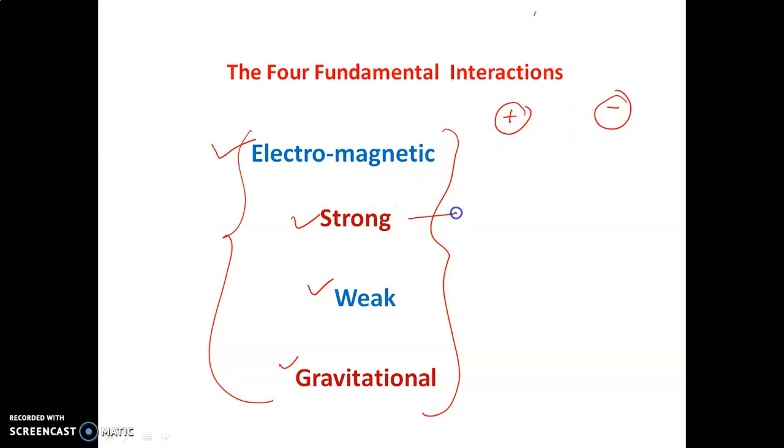Now what is strong? Strong is the nuclear force of interaction between two nucleons, a proton and a neutron, or a proton and a proton, or a neutron and a neutron. So this is the strongest force in nature, which you know as the nuclear force. But then another type of nuclear force has also been discovered, which is called the weak force, also called the weak nuclear force.